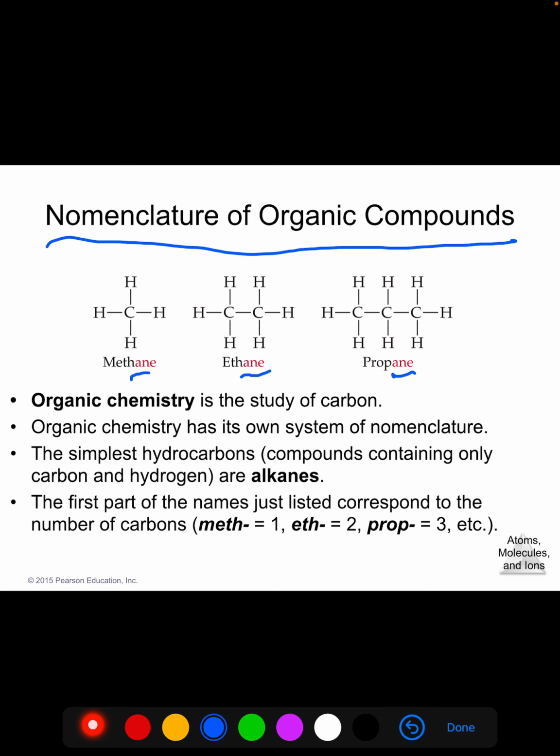For example, an ane is a simple hydrocarbon compound made up only of carbon and hydrogen, and they're a family of compounds with increasing numbers of carbons. 1, 2, 3, 4. And you start out meth for 1, eth for 2, prop for 3, and after that you use your Greek numbers.